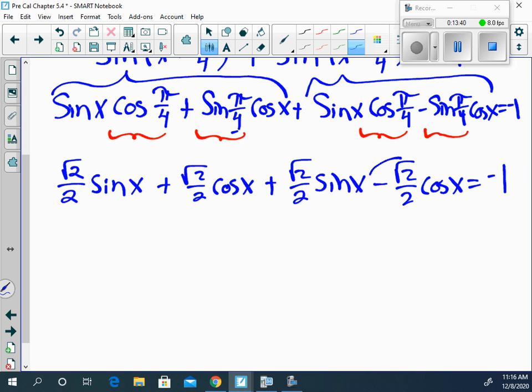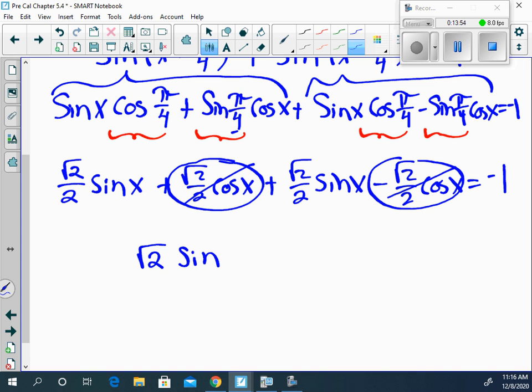Well, hey, when I add these two together, I get square root of 2 sine of x is equal to -1.